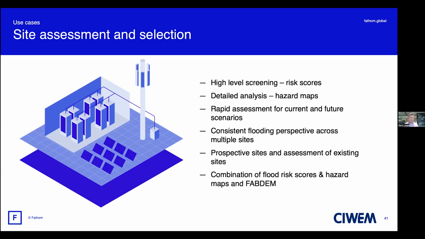That can be data centers or renewable energy installations. As this data set is globally consistent, clusters of local, regional, national, or international sites can be analyzed and rapidly assessed in a uniform manner for both current and future climate scenarios to provide a range of future flood impact intensities.